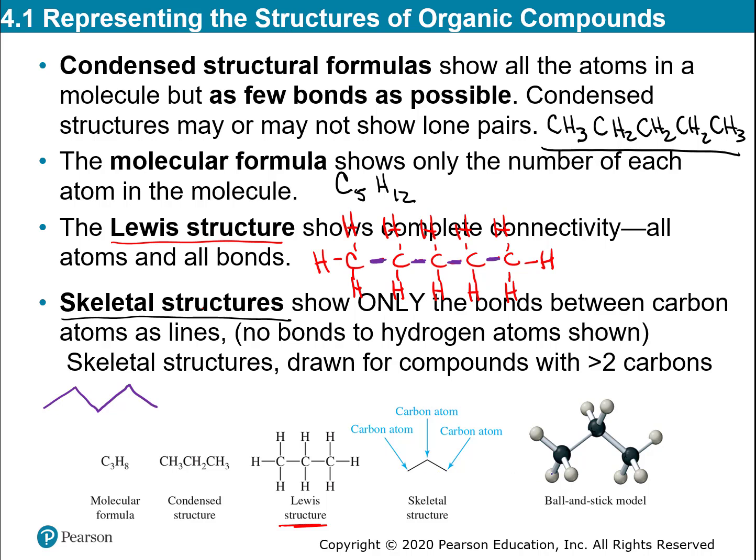So you can kind of go back and think, okay, I know then there's a carbon here, here, here, here, and here. Do you see that there's like 5 red dots? Those represent the carbon. So in a skeletal structure, the end of the zigzag and every corner in the zigzag is a carbon. Any place that lines come together, that's a carbon.